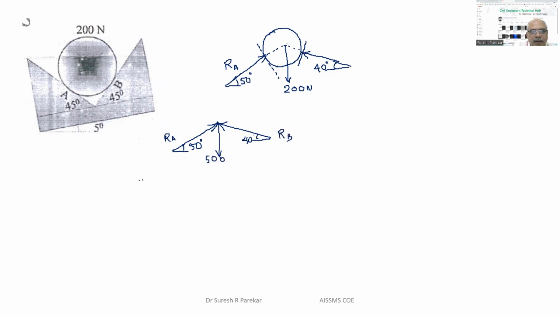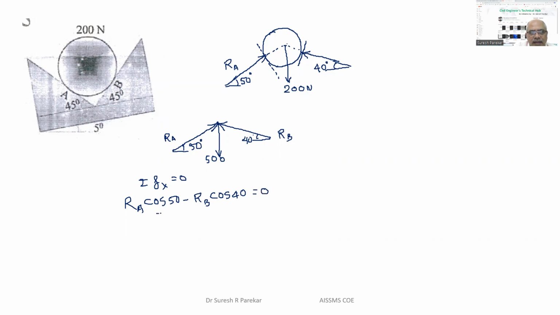And now if I apply summation Fx equal to 0, I have RA cos 50 minus RB cos 40 equal to 0.